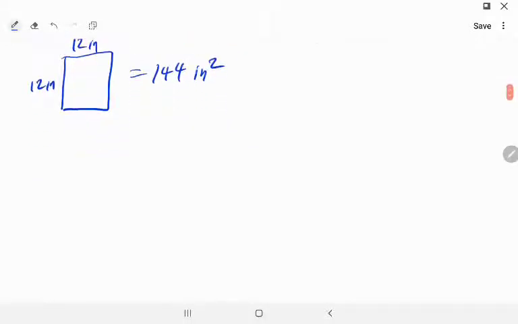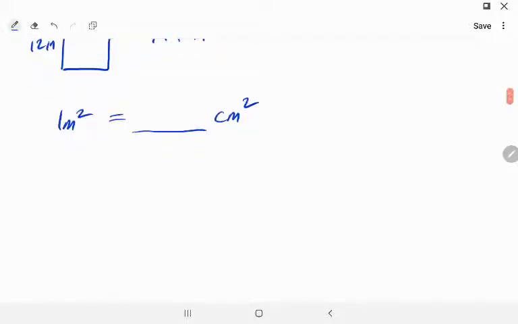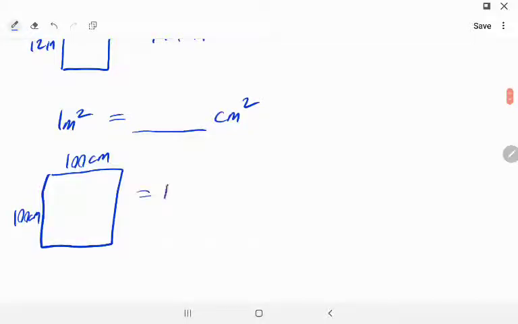Similarly, with meters, if we want to convert 1 square meter to blank square centimeters, we have to remember that 1 meter is 100 centimeters by 100 centimeters, and so we're going to get 10,000 square centimeters.